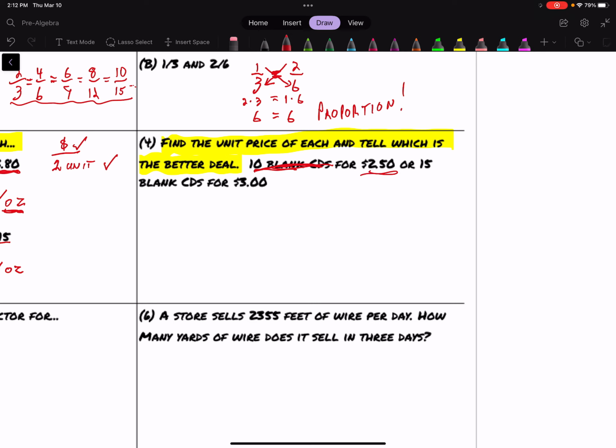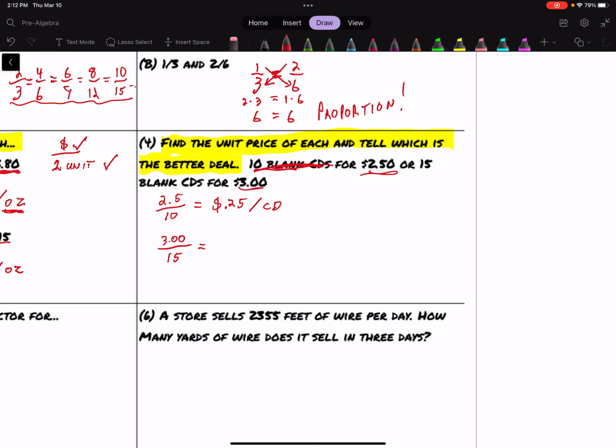So we write $2.50 divided by 10, and we know that comes out to be 25 cents per CD.